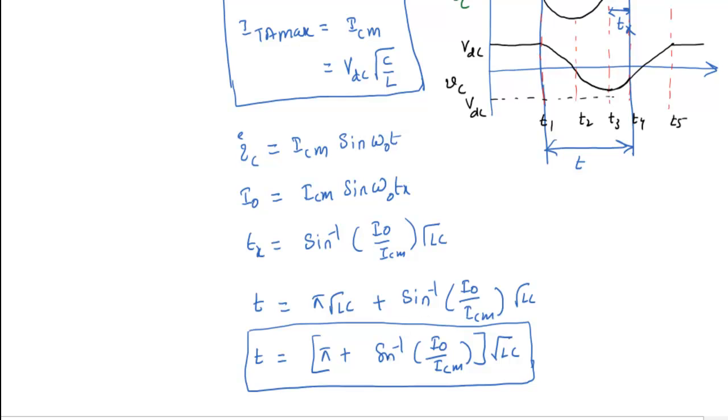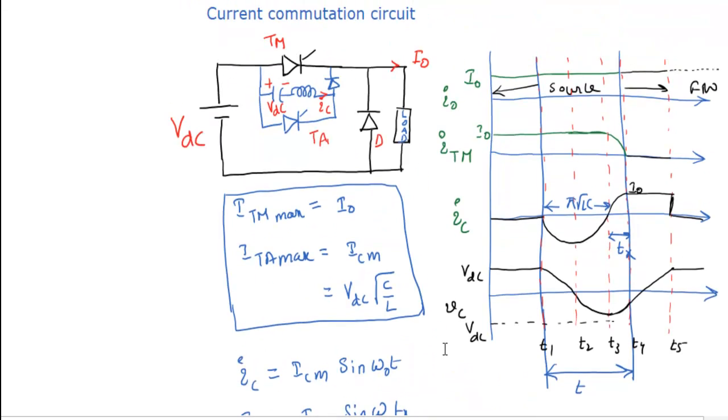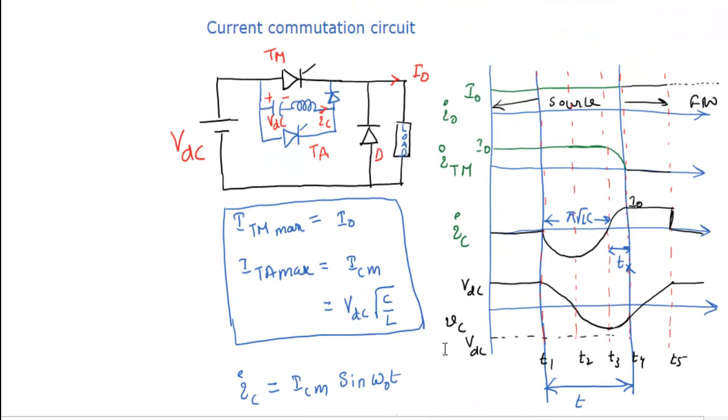Another important thing is that for this to happen properly, that means this Tx or maybe T and all, this I naught must be lesser than IC max. What exactly is the meaning of that? To turn off the conducting thyristor Tm using the current commutation circuit, your tank circuit should be arranged such that the maximum current flowing through the tank circuit must be more than I naught.